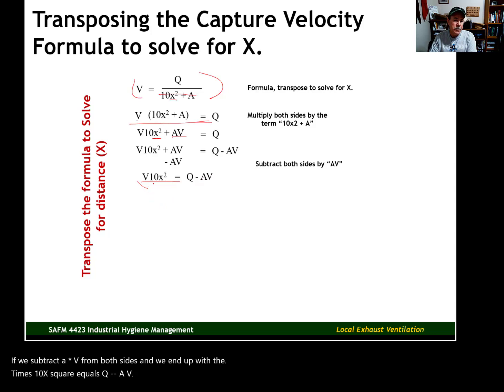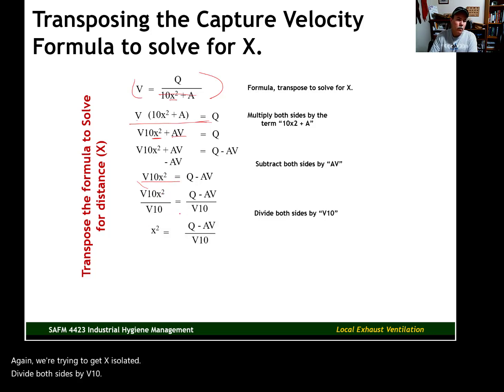Now we need to do something with the v times 10. Again, we're trying to get x isolated. Divide both sides by v times 10. When we do that, it cancels on the left, and we end up with our equation looking like this. We're almost there.